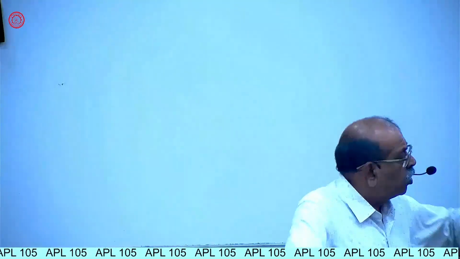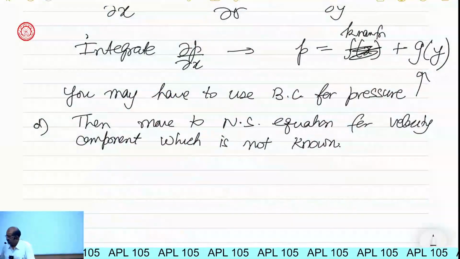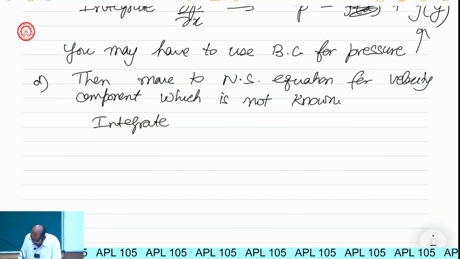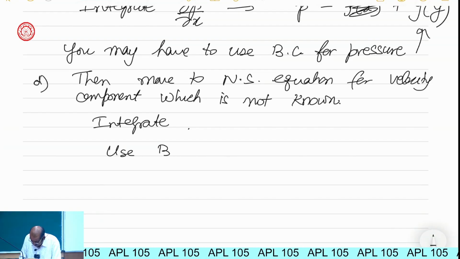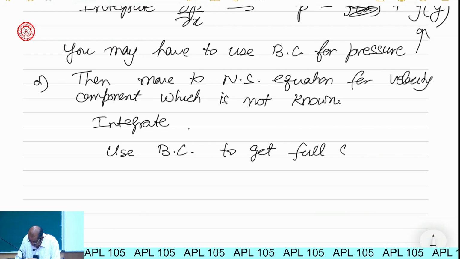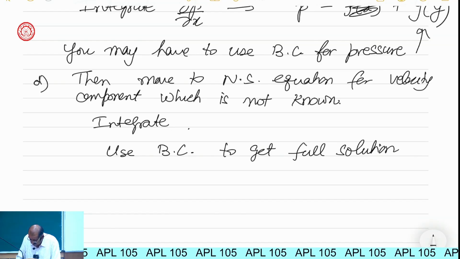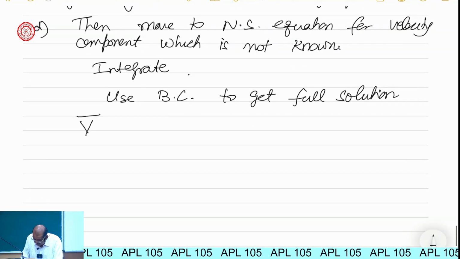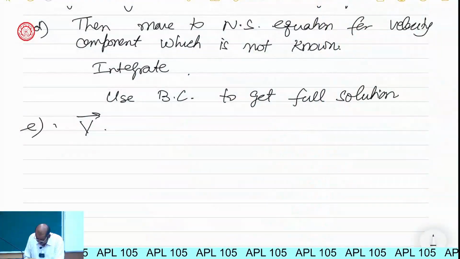And now you have all this information, and here then you will have to integrate and use boundary conditions to get the full solution. Now the full solution will be that of velocity.